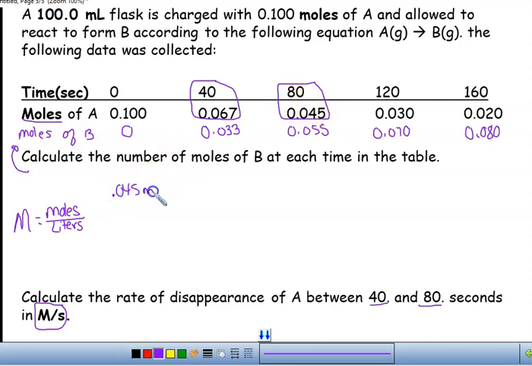0.045 moles of A divided by liters. Well, it's a 100 milliliter flask, so that is 0.1 liter. So if I divide that out, I'm going to find it kind of just moves that decimal over to 0.45.